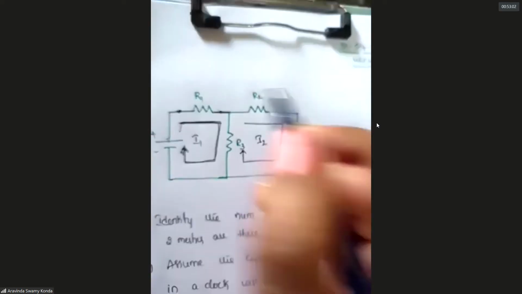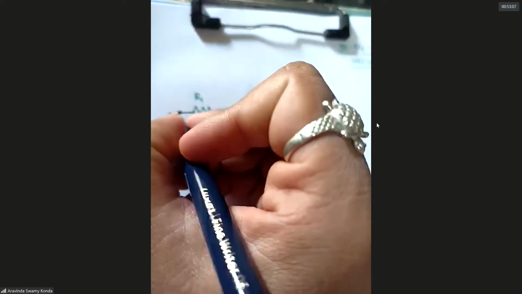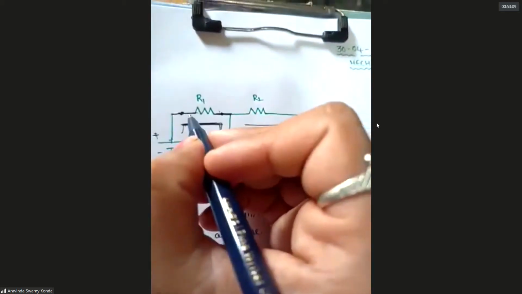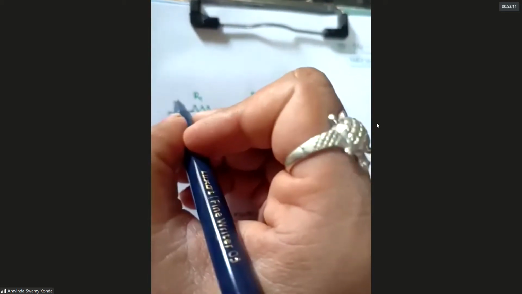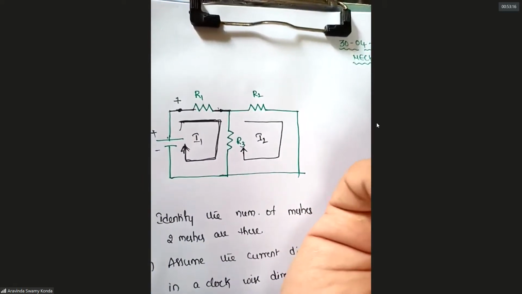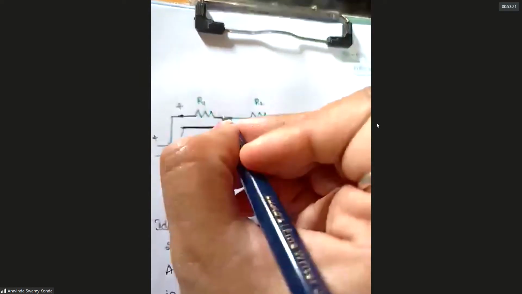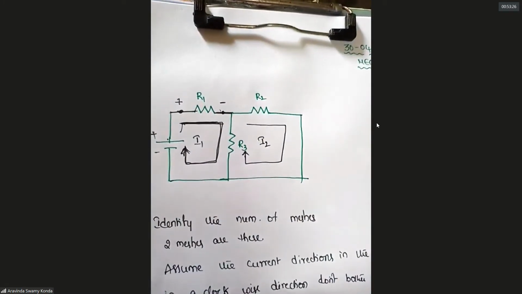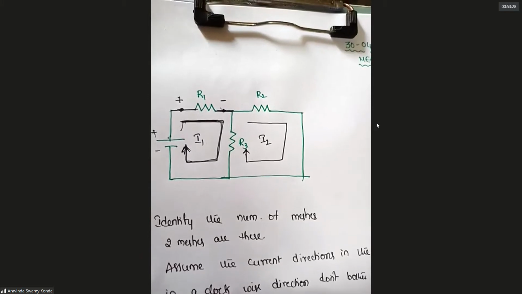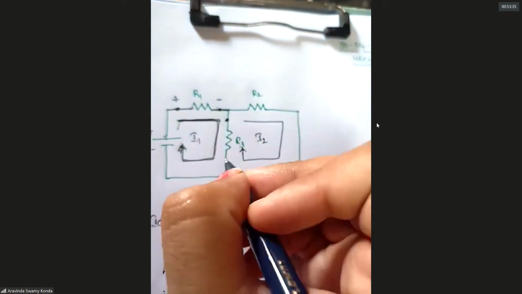So the current entering terminal of a particular element you assume positive. Positive current always goes from positive to negative. Current entering will be positive and current leaving node will be negative. Am I clear? Again, to confirm, come to R2. This is R3, and this also has two terminals.